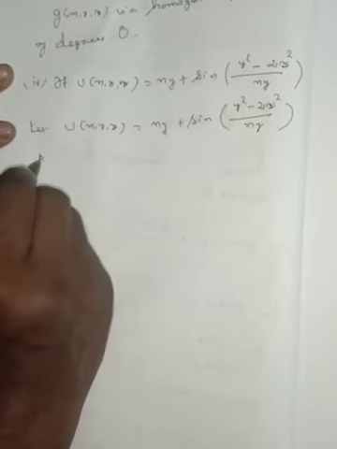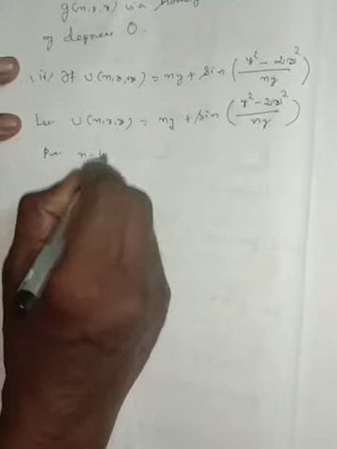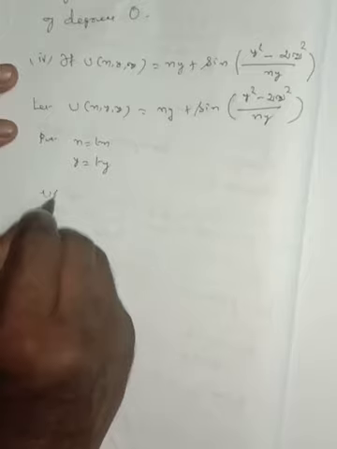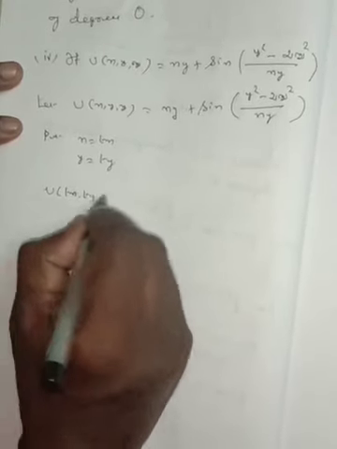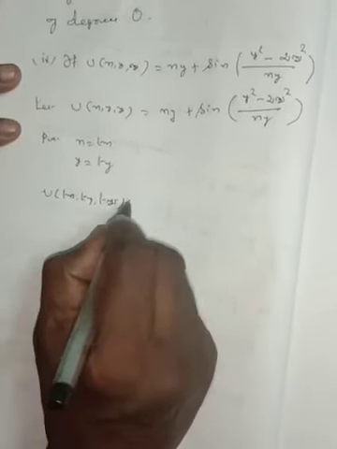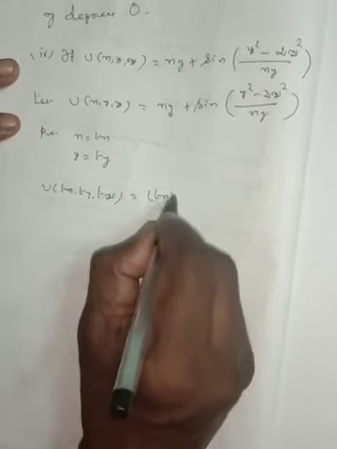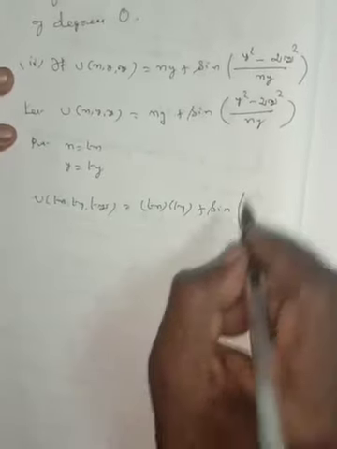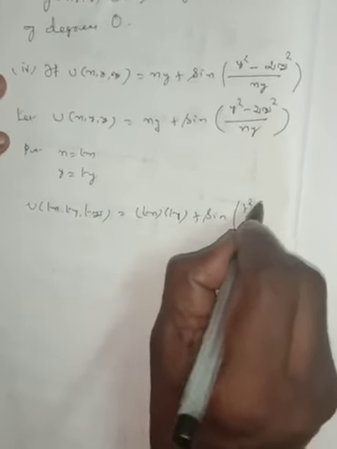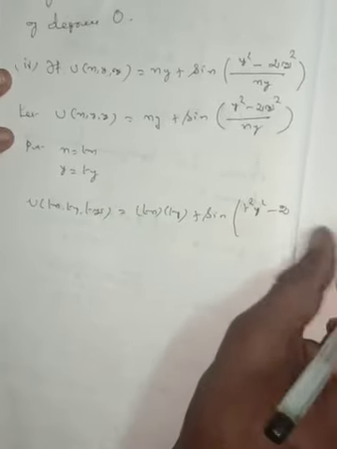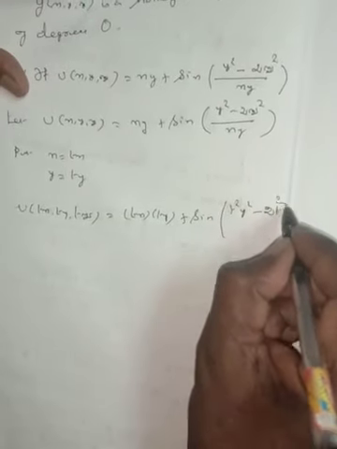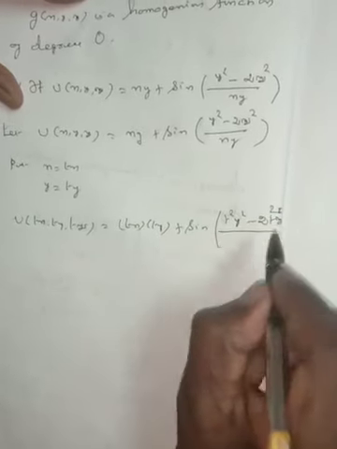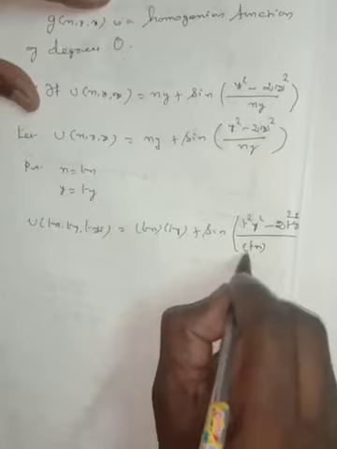Put x is equal to tx, y is equal to ty. In the above we have u of tx, ty, tz is equal to tx into ty plus sine of bracket t square y square minus 2 t square z square divided by tx, ty.